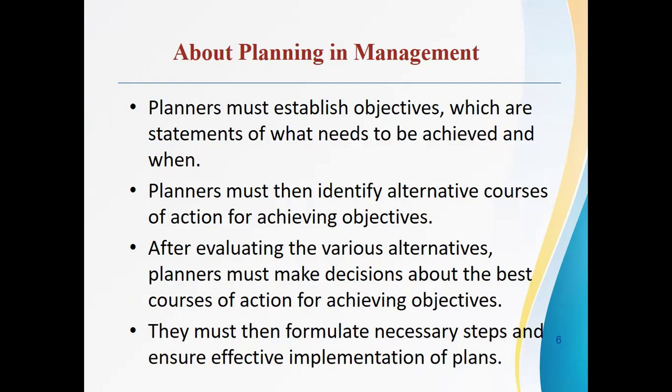After evaluating the various alternatives, the planner must take a proper decision about the best possible course of action for achieving the objectives. The chosen objective must be formulated with the necessary steps for effective implementation of the plan. Say for example, you want to buy raw material from a particular vendor.